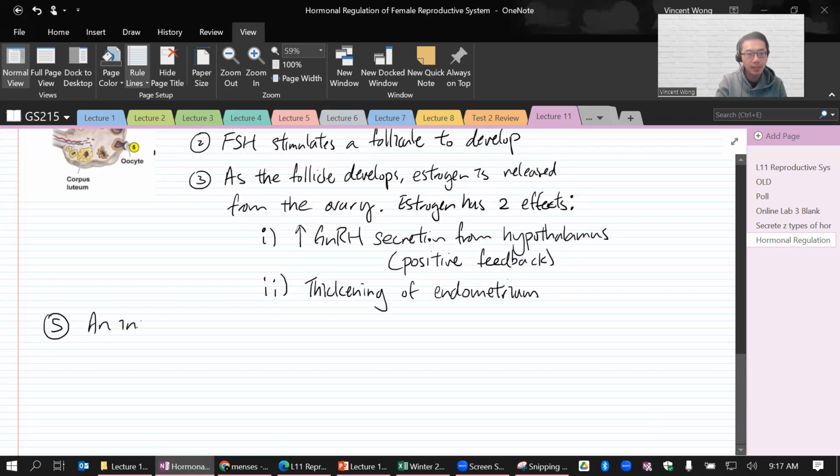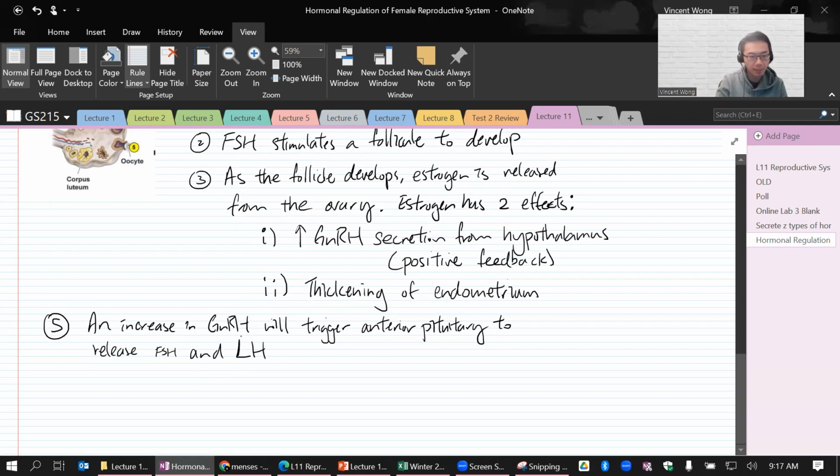The increase in GnRH from the positive feedback will trigger the anterior pituitary to release FSH and LH. It's both, but then the LH is the dominating hormone this time around.